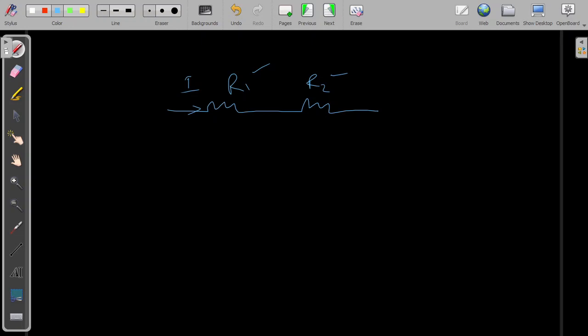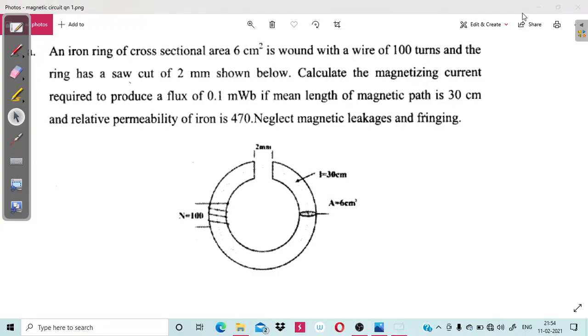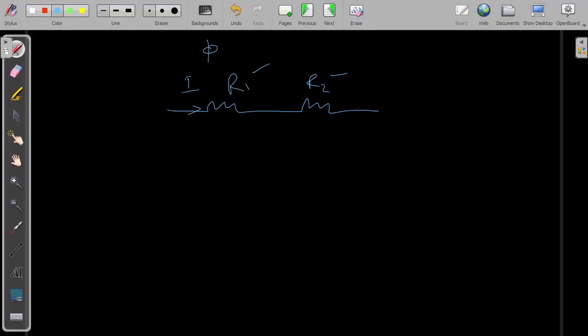In the same manner, the analogous quantity of I is the flux phi. We have two materials connected. If phi is constant in the two media, just like I, then this type of magnetic circuit is known as a series magnetic circuit, like your series connection of resistances.